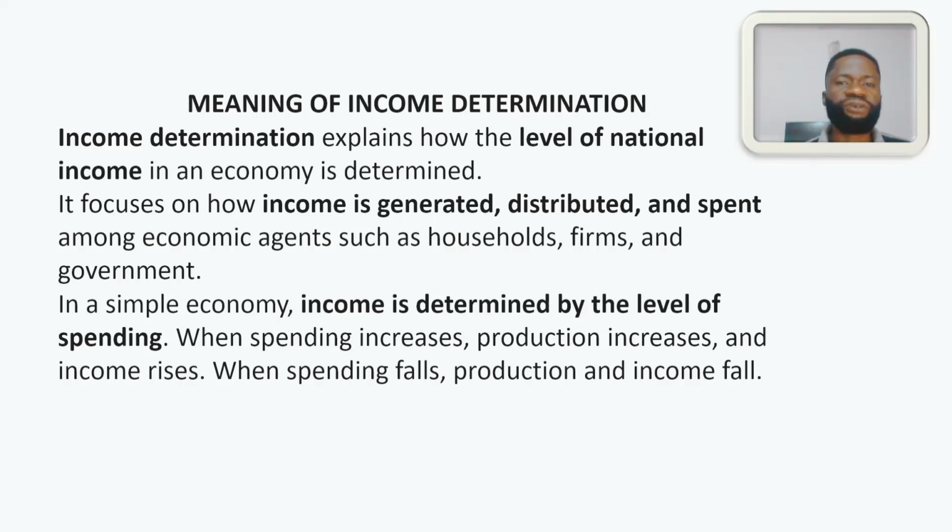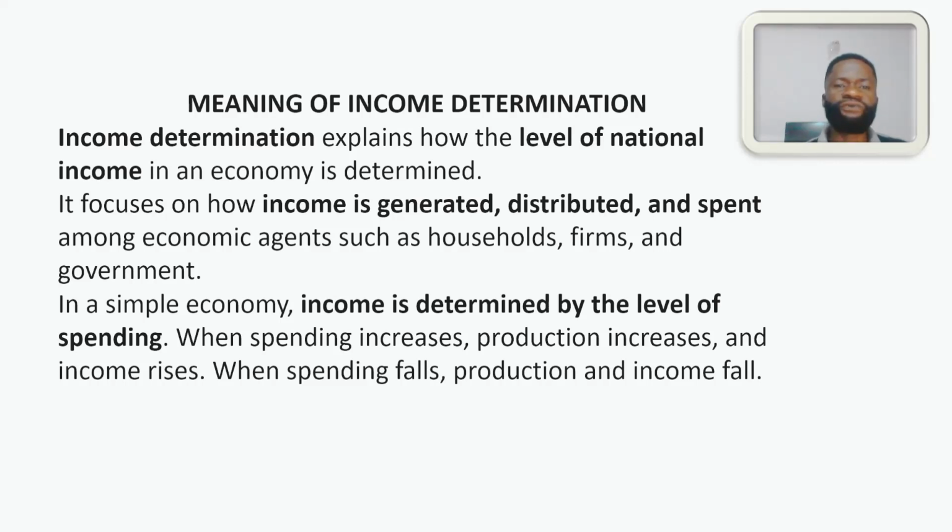Income determination explains how the level of national income in an economy is decided at a particular time. In economics, national income refers to the total value of goods and services produced in an economy within a given period of time, usually 1 year.